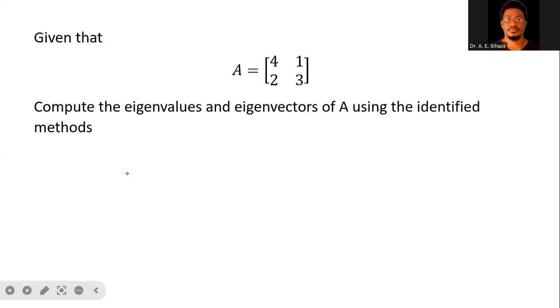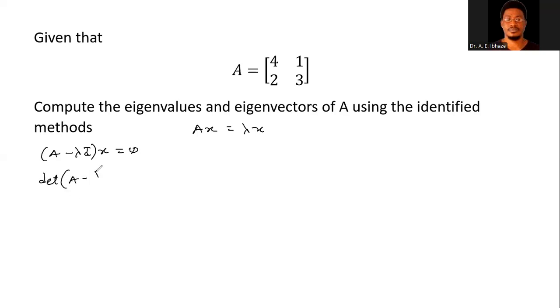We already know that the eigenvalue problem is specified as Ax = lambda x, and then (A minus lambda I) x = 0, where I is the identity matrix, is the system of equations describing the eigenvalue problem, so that the determinant of the system of equations equated to 0 is the characteristic equation.